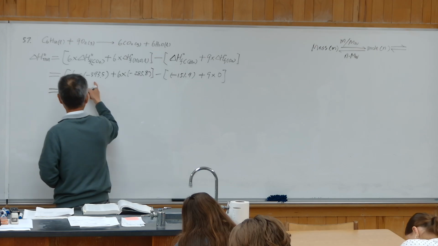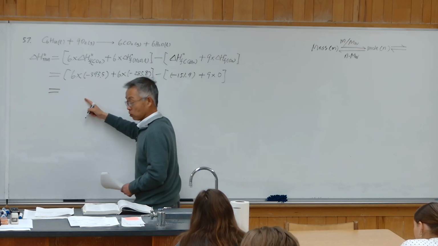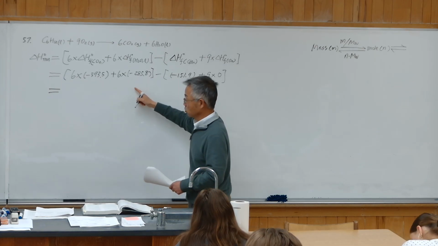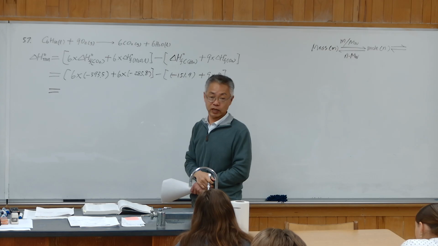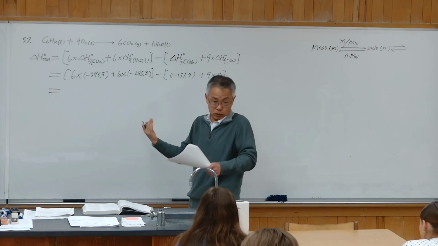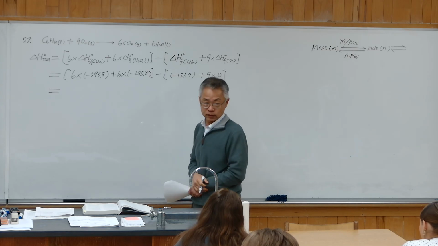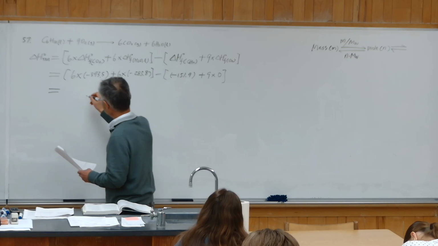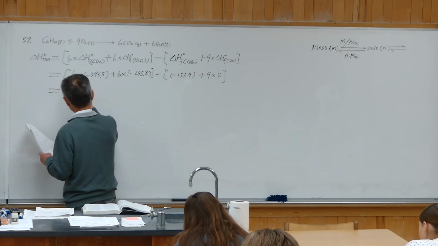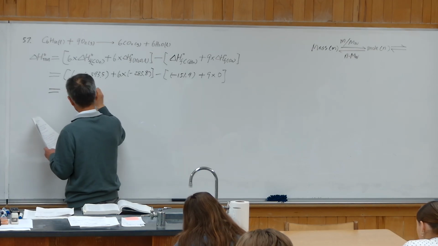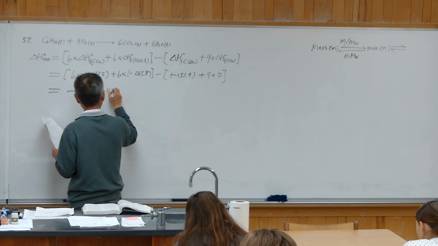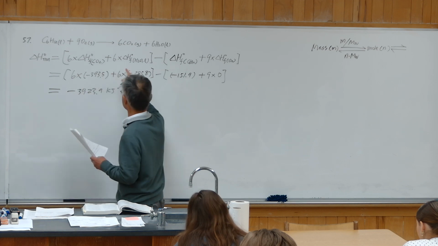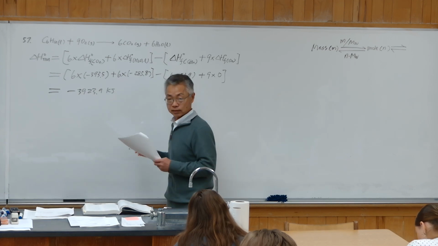You don't need to show me this times this equals what. You can, but it's not required because this is pure math. Just give the answer: negative 39.2349. The unit is kilojoules because all these numbers are in kilojoules.